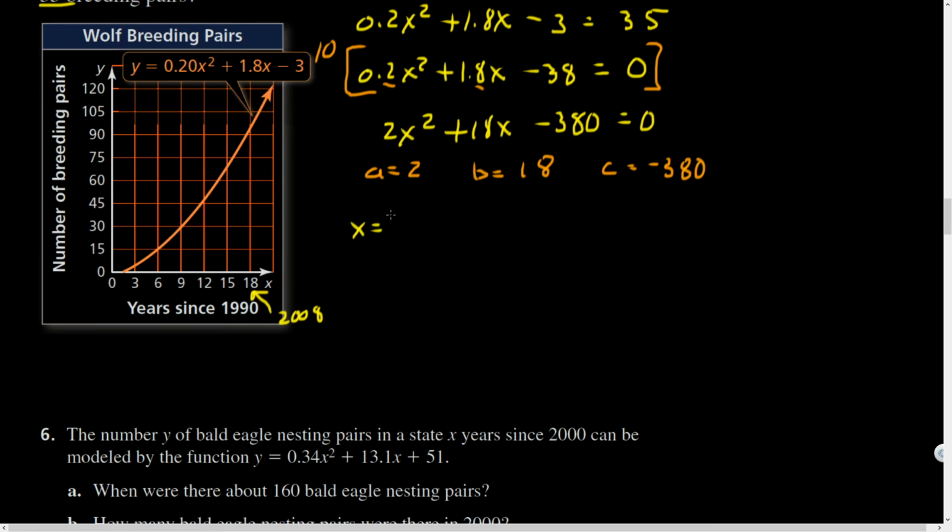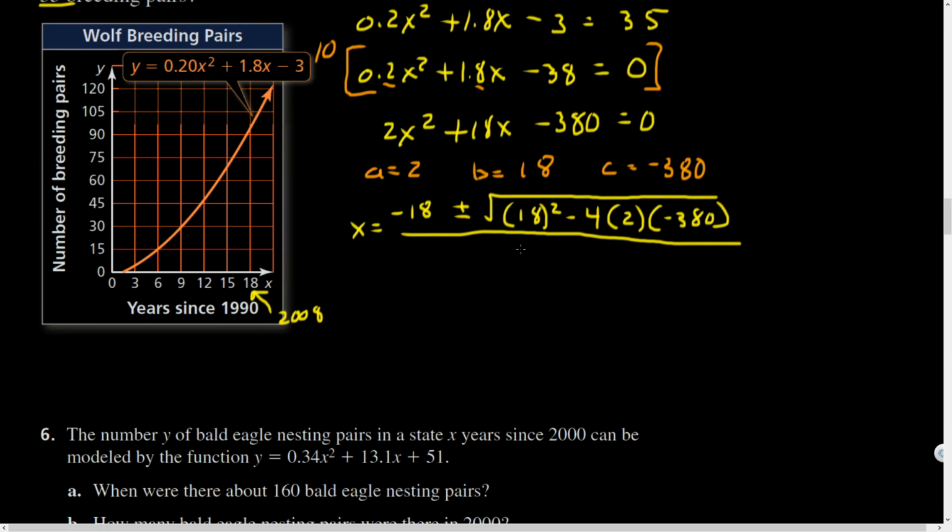It's true. x equals the opposite of b plus or minus the square root of b squared minus 4ac, all over 2a. And so x equals negative 18 plus or minus.